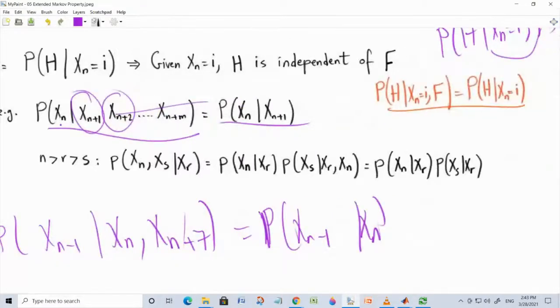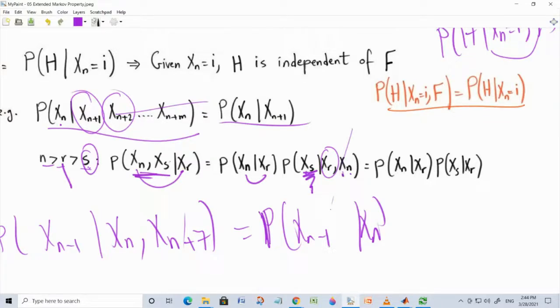Okay. And let's choose n greater than r greater than s. So what is the joint probability of these two guys? Again, from the chain rule, you can write this as probability of x of n given x of r multiplied by the probability of x of s given x of n and x of r. But now if this is a Markov chain, here we have x of s, index s. Here we have x of r, which is the present, this is the past, and this is the future.